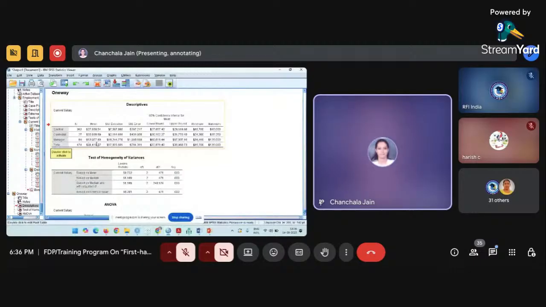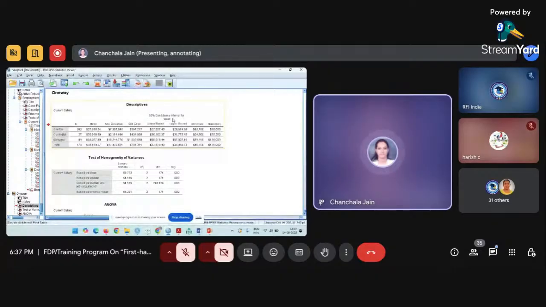The standard deviation, standard error, and the 95% confidence interval for the mean are given for all three categories, along with the minimum and maximum salary in each category. So this is the descriptive statistics portion.